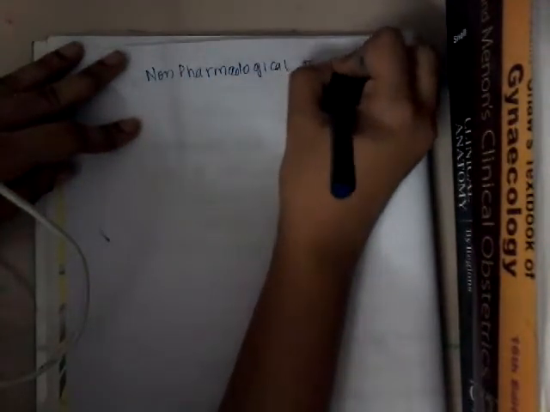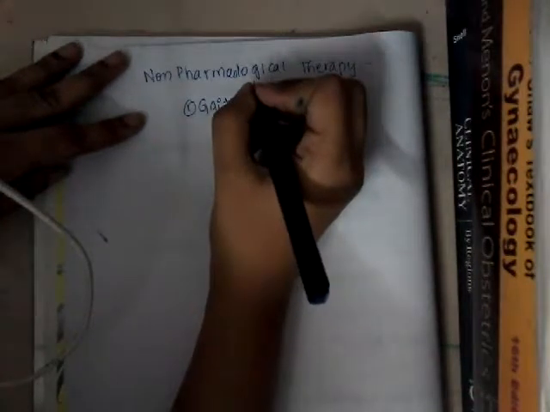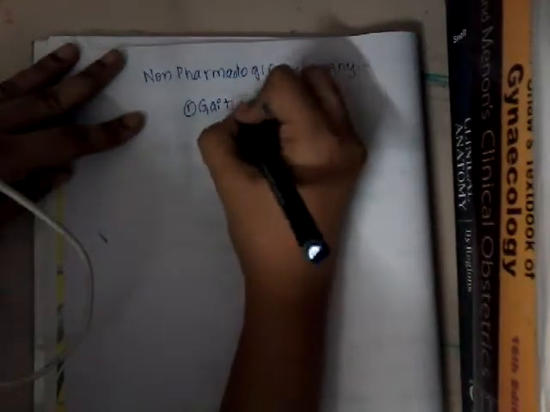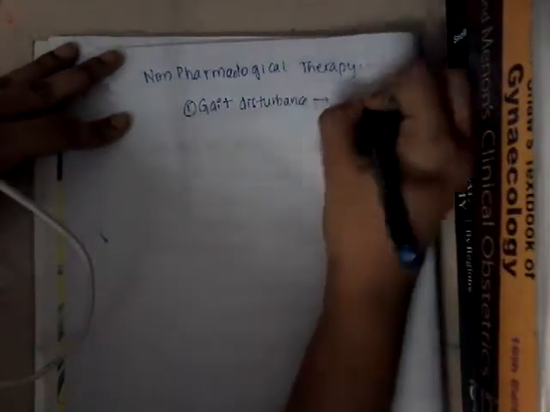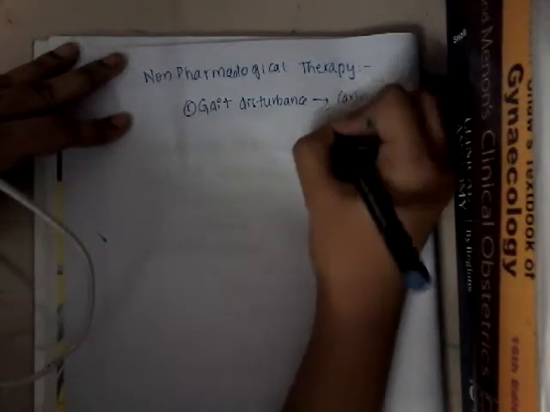These include, number one, gait. For gait disturbances, you can give them canes and walkers.